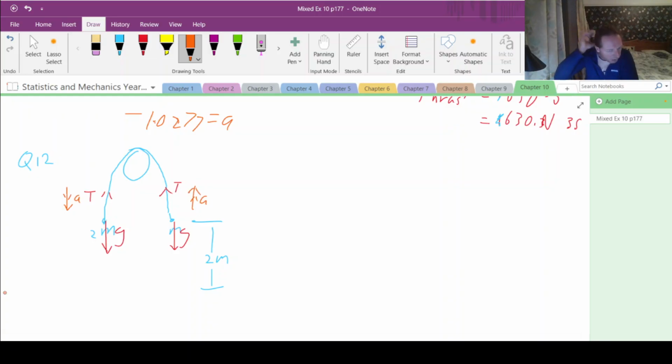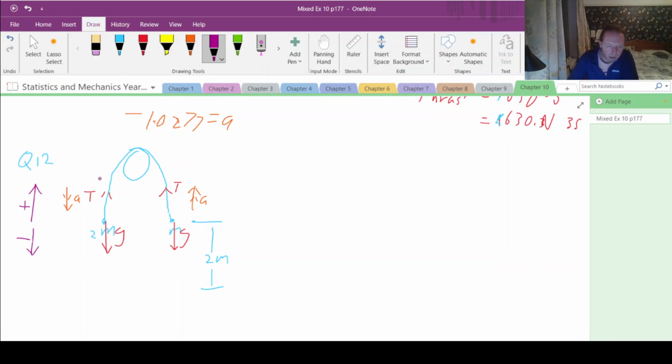Now with all of these things, always consider whether we have a positive or negative situation going on. So for the sake of it, I'm going to consider up to be positive and down to be negative.